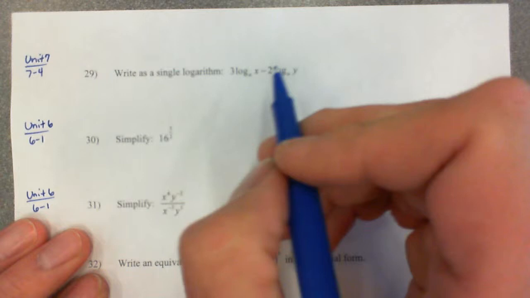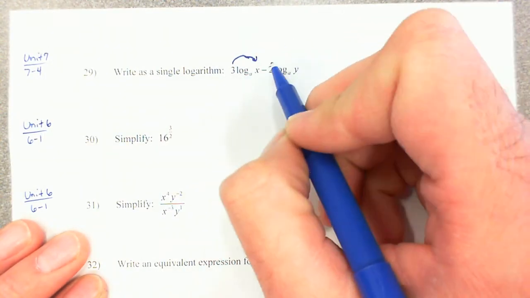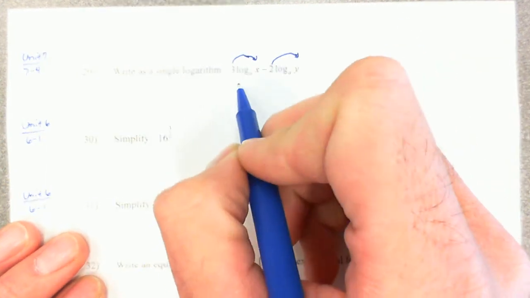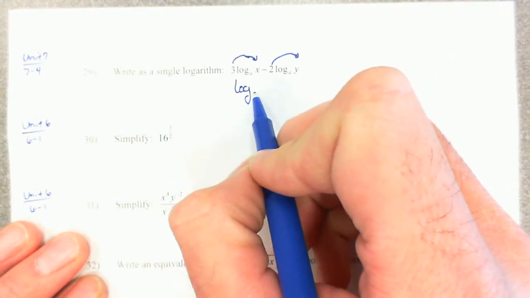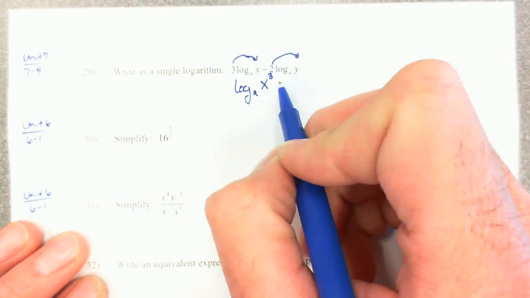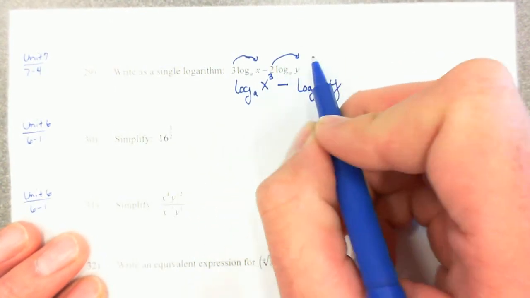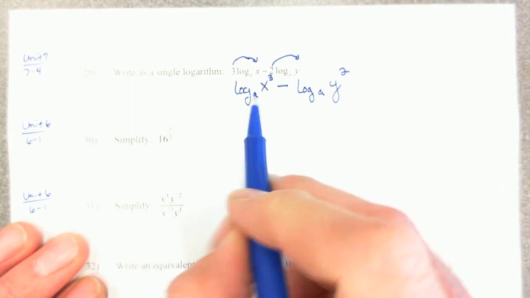So here, if we want to combine this into one log, first thing we have to do is get rid of the numbers out in front. So these numbers have to come up to the power. So this is log base a of x to the third power minus log base a of y to the second power.